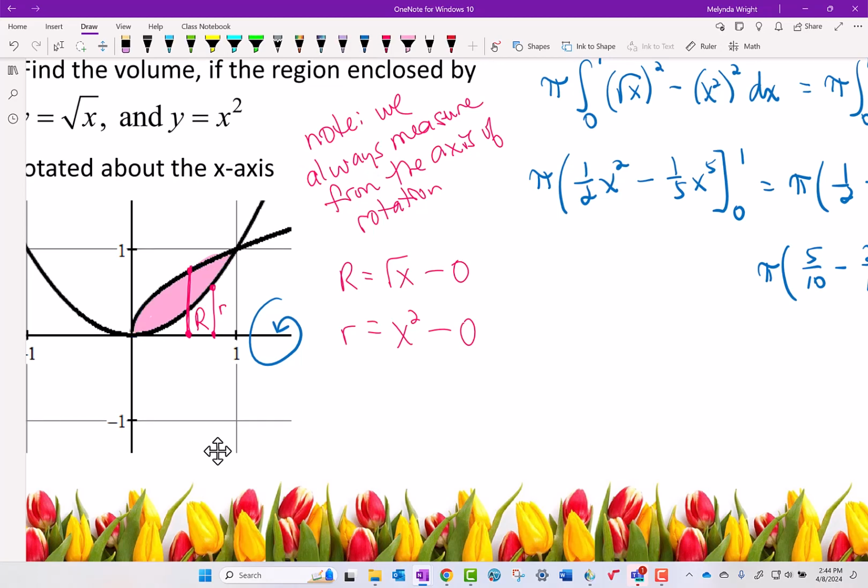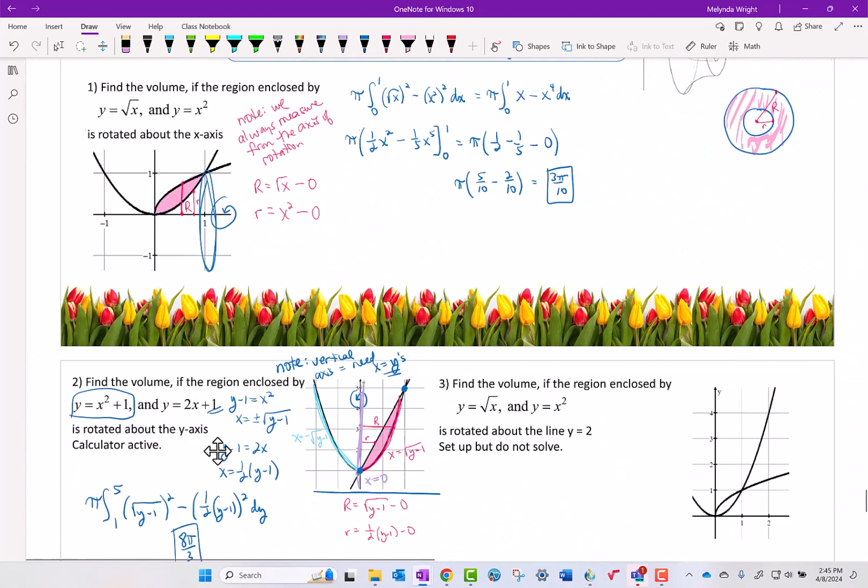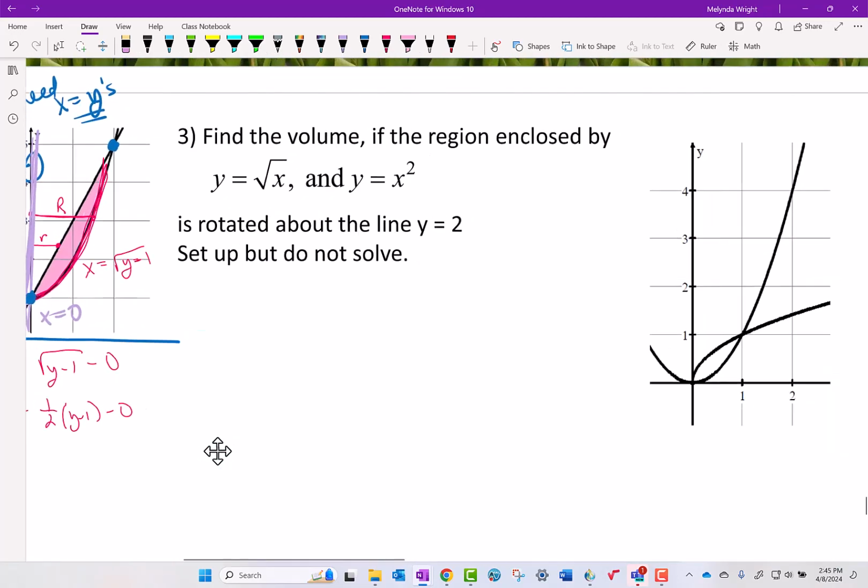So when this rotates around and around, there's going to be this empty spot right in here that we have to subtract out, because this pink part is going to be solid as it moves around the axis of rotation, but it's going to leave a hole in the middle, which is why we need a washer and not a disk. Okay. Does that make sense? Yeah. Okay. All right, let's look at this one.